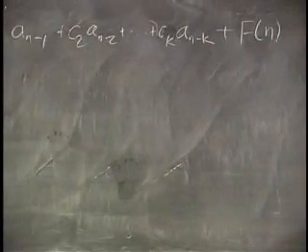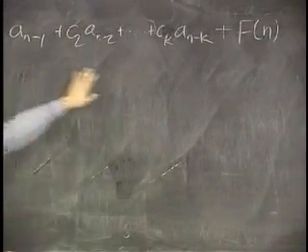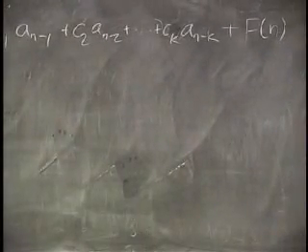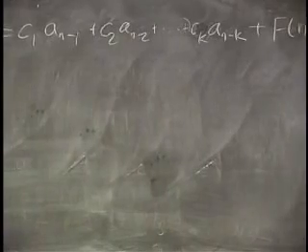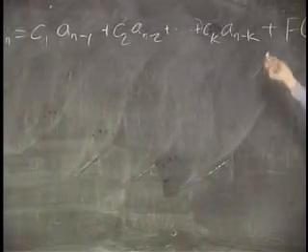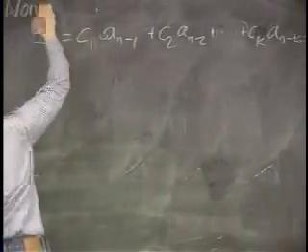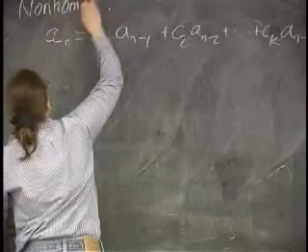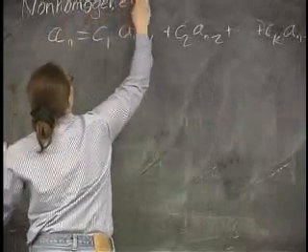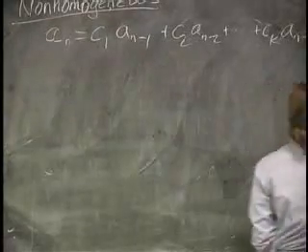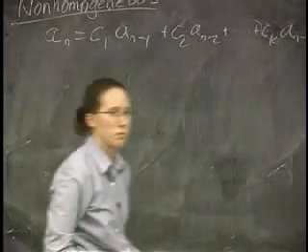Equations of this form are called linear non-homogeneous recurrence relations with constant coefficients, and maybe I'd call this one degree k. So all the words are the same except now this is non-homogeneous. What makes it non-homogeneous? Well, exactly this extra function out at the end.